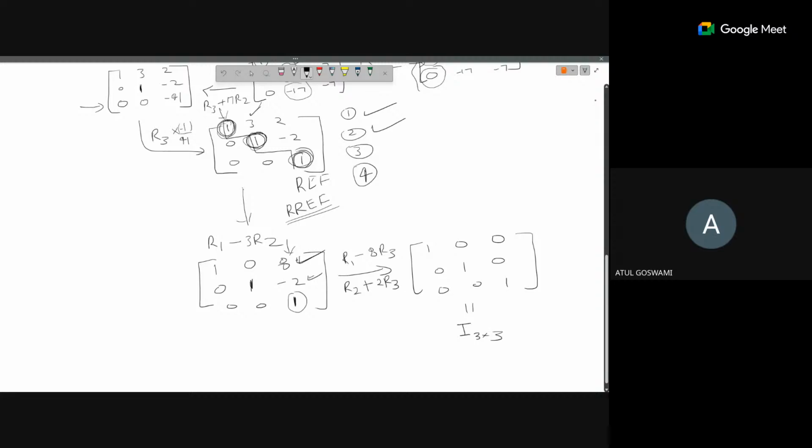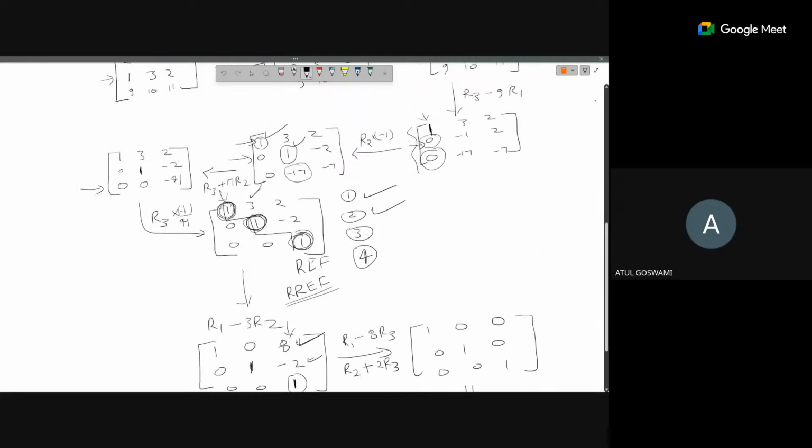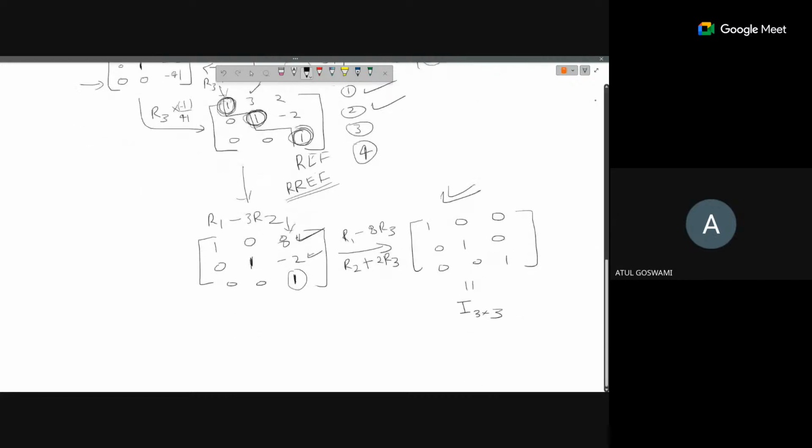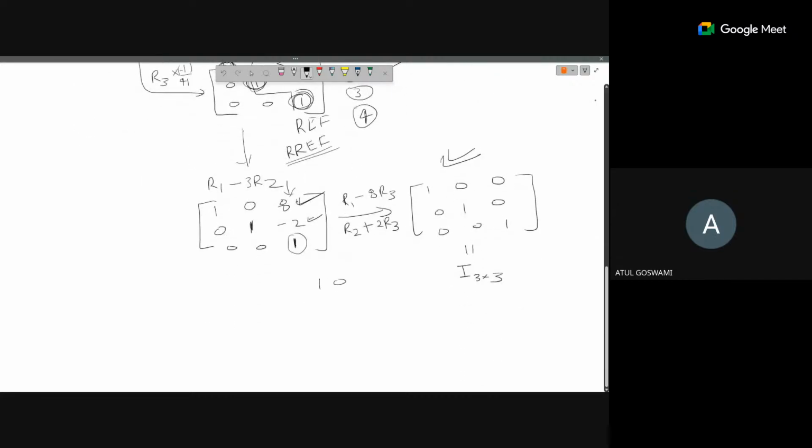Yes. So what we are seeing here is basically the RREF of a matrix, if it is convertible into the identity matrix. Otherwise, it could be like 0, 0, 0, 0, 1, and 0, 0, 0. This also could be possible.